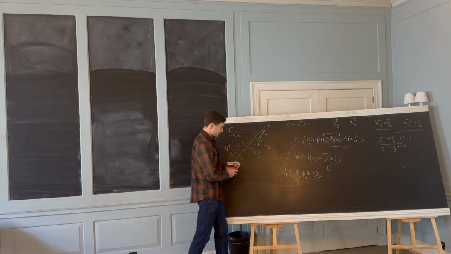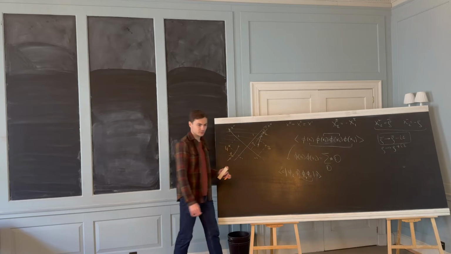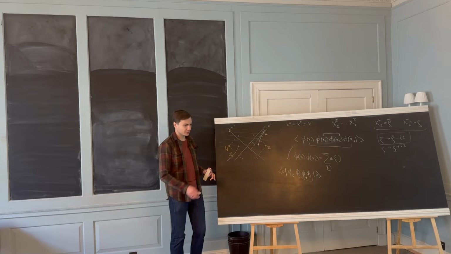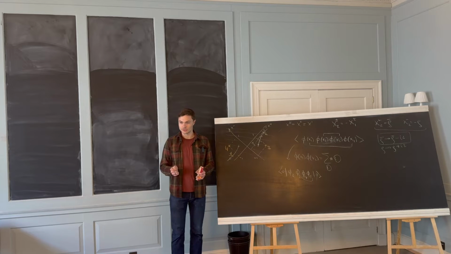And what you can see here is that the operators phi 1 and phi 4 act on the vacuum state. And when you have a pair of operators acting on the vacuum state, you're guaranteed that the operator product expansion will converge.